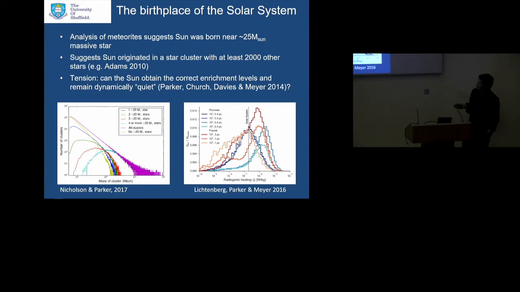And then another student of mine, Tim Lichtenberg in ETH Zurich in Switzerland, is doing a PhD that's part geophysics, part astrophysics, and he's looking at the radiogenic heating that these isotopes produce in planetesimals that go on to form planets like those in our solar system. And Tim's result is that the amount of radiogenic heating you get in a typical star-forming region is completely consistent with the values you'd expect in the solar system.